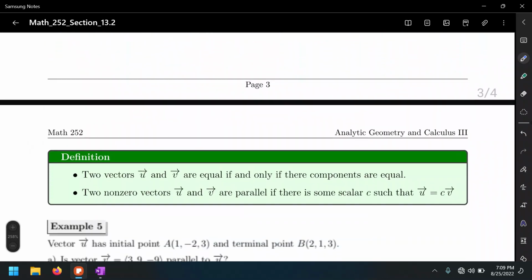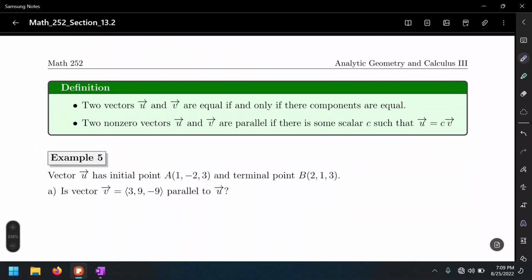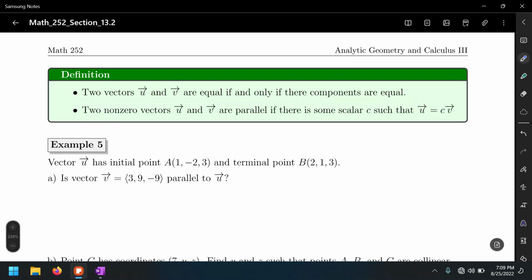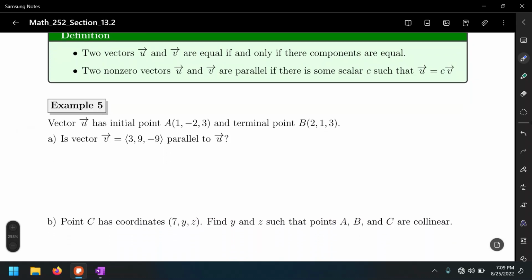Another definition that's the same as in vectors in 2 dimensions: 2 vectors in 3D are also the same if their components are equal. There's a little typo here. 2 non-zero vectors u and v are parallel if there is some scalar c such that u equals cv.